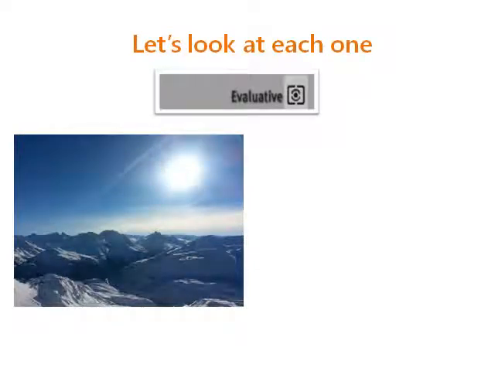So it's a nice picture, a perfectly exposed picture of nice scenery in the skiing area. Evaluated metering, or matrix metering depending on which brand you have, reads the whole area of your picture. So it's assuming you're taking pictures of landscape, or everything is important in the whole area you're looking at through the viewfinder.